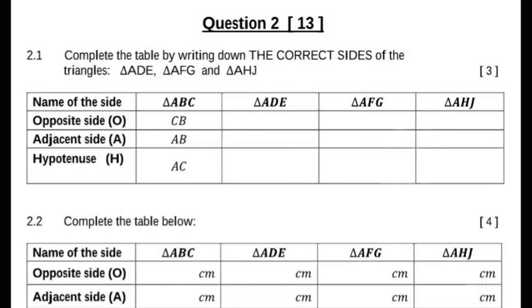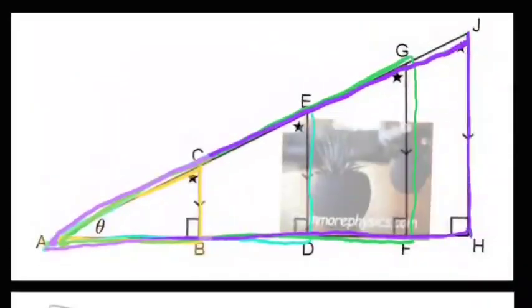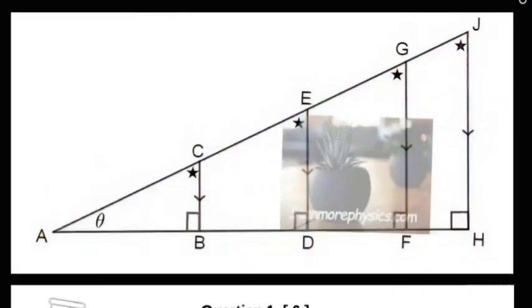So what we should actually do is fill that in on the diagram that was provided. The opposite side was CB. Let's go up to that triangle. The opposite side, in terms of theta, right? That's how it was given. The opposite side was CB, and I'm just going to write down an O for that.